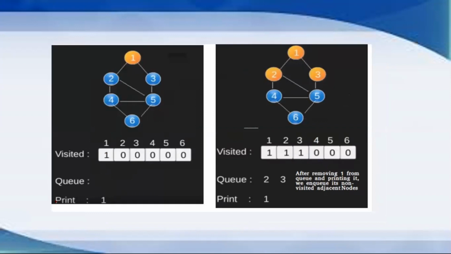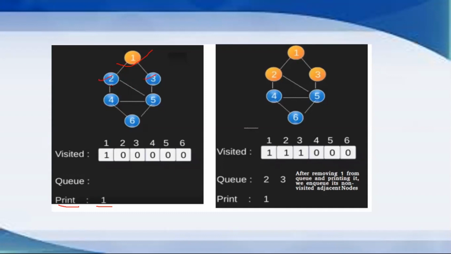Then after removing 1 from the queue and printing it, we will enqueue its non-visited adjacent nodes. Now the non-visited adjacent nodes of 1 are 2 and 3.